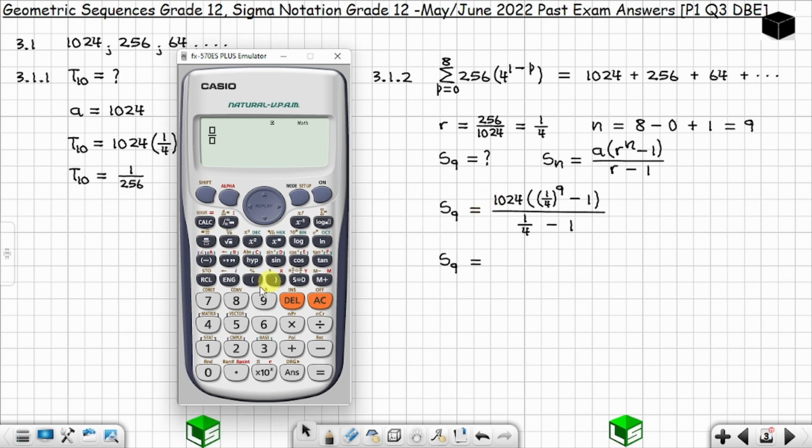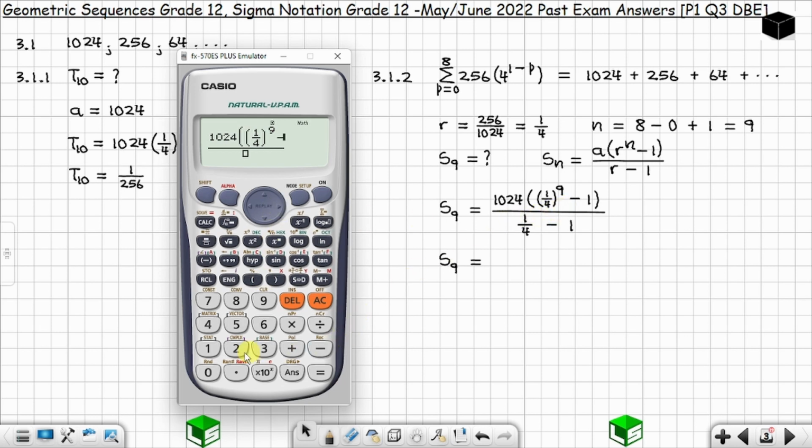So you have this, 1024. You have this in bracket, 1 over 4 to the power of 9. Hope you can see that.